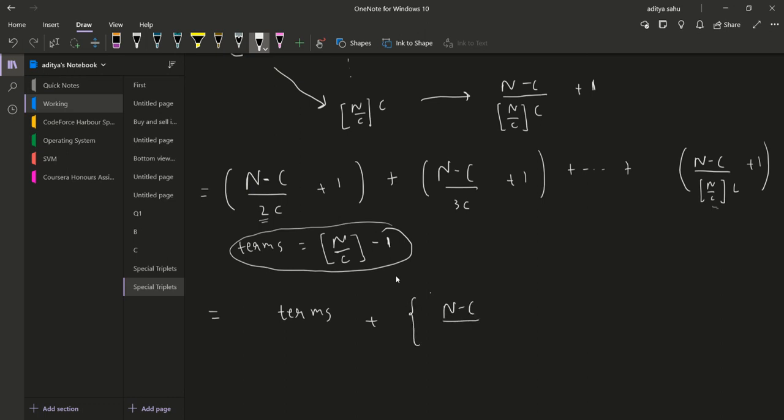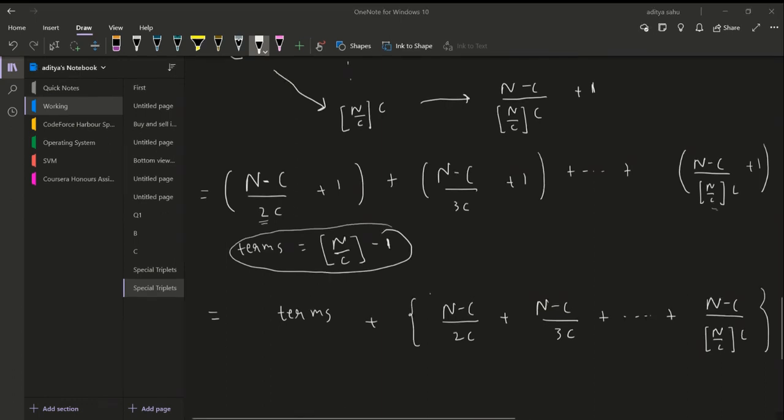So this is nothing but (n minus c) by 2c plus (n minus c) by 3c, plus so on up till (n minus c) by (n by c) times c.